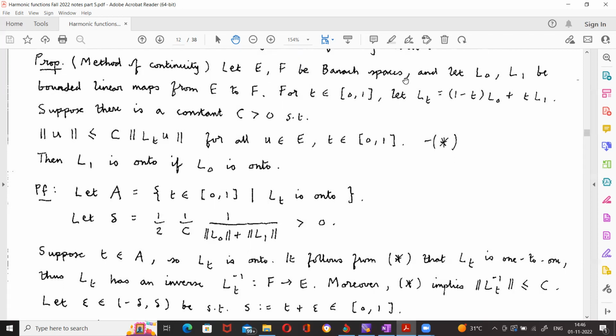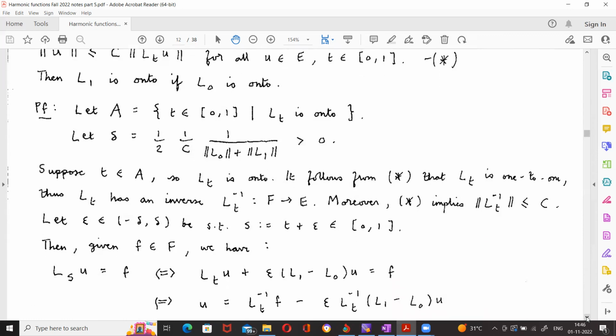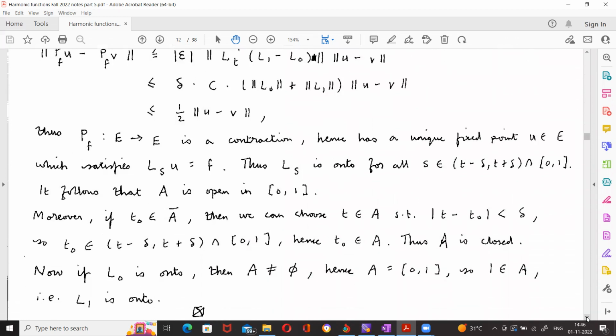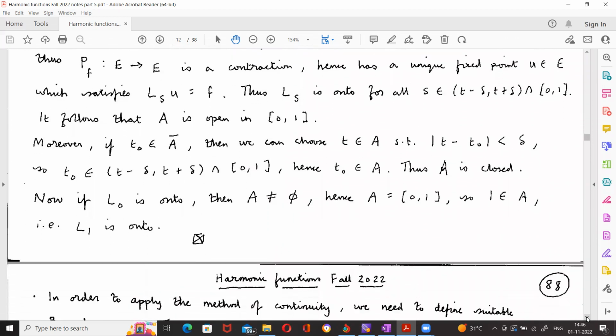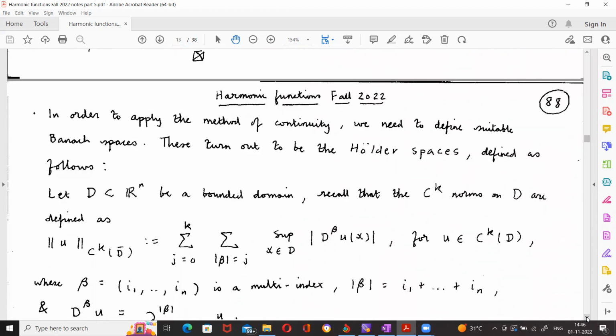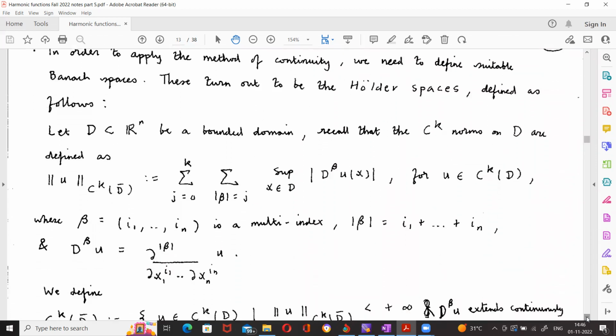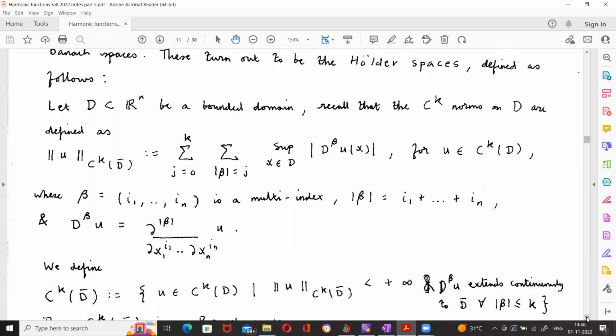So it turns out the right kind of Banach spaces to look at are what are called the Holder spaces. Okay. So now we're going to define the Holder spaces. And there the Laplacian will become a bounded operator between appropriate Holder spaces. So how do we define the Holder spaces? So first, let's define the C^k spaces, right?